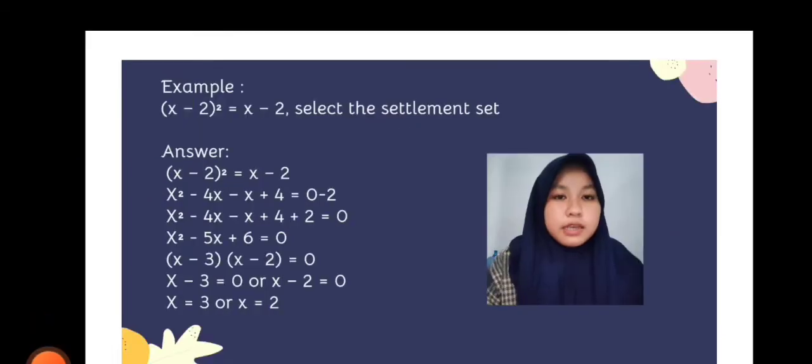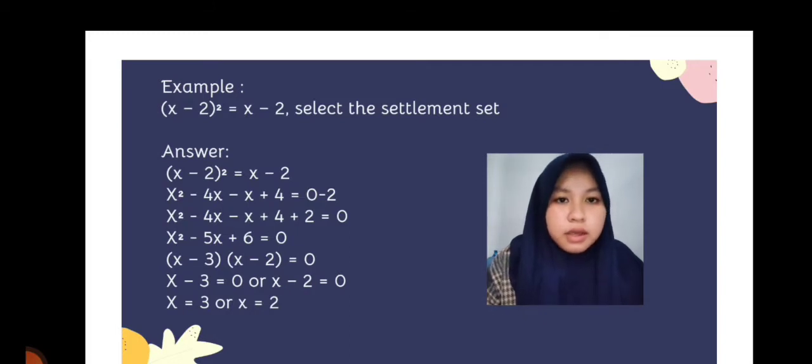Okay. Example: x minus 2 squared equals x minus 2. Find the solution set using the factoring method. Answer: x minus 2 squared equals x minus 2.